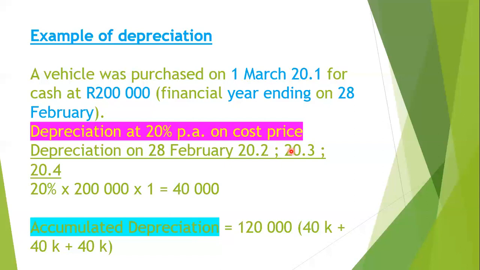So you work it out by taking the cost price. So it cost 200,000 Rand. Okay, so the vehicle's cost was 200,000 Rand times the straight line percentage. Here it is 20% per annum. Okay, so it's 20% times 200,000 times the 1 year.